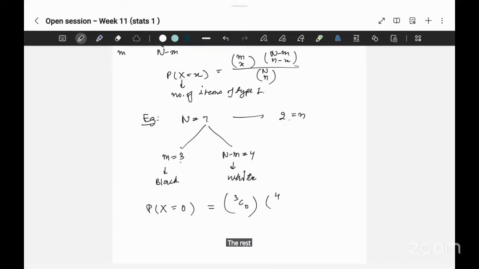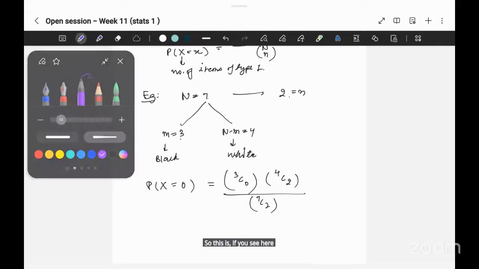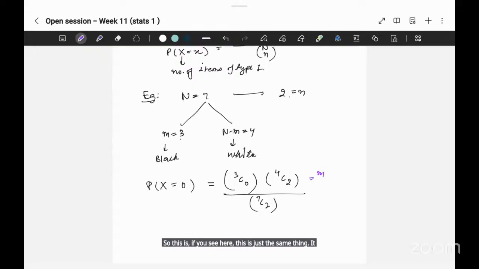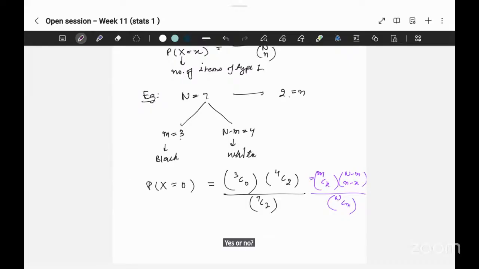The 2 balls will be selected only from the white balls, divided by the total, which will be 7C2. So if you see here, this is just the same thing: m C x times n minus m C n minus x divided by N C n. It's just the same thing.